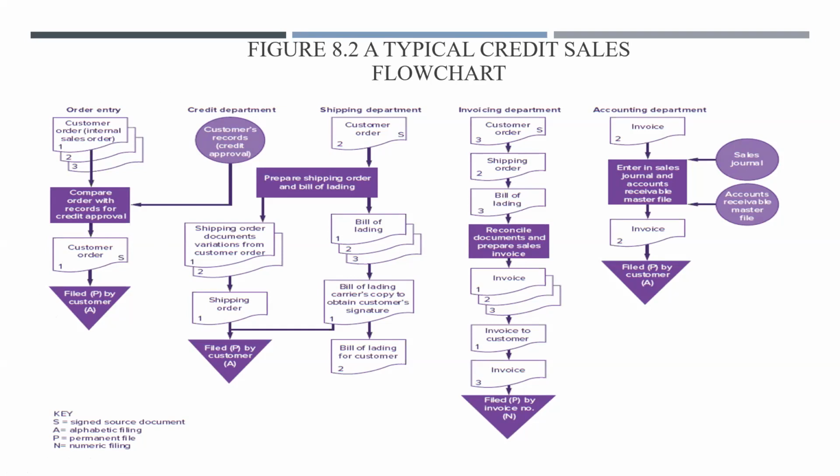Just imagine you are the CEO in this company. You are the internal auditor in this company. So you are looking at the sales cycle. In the ordering step, what controls are important?